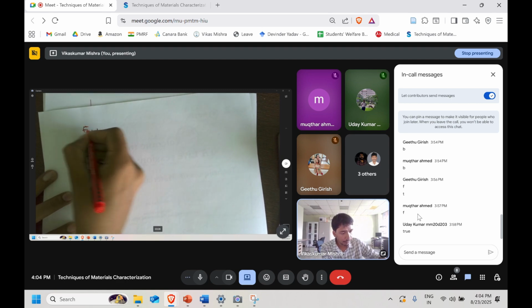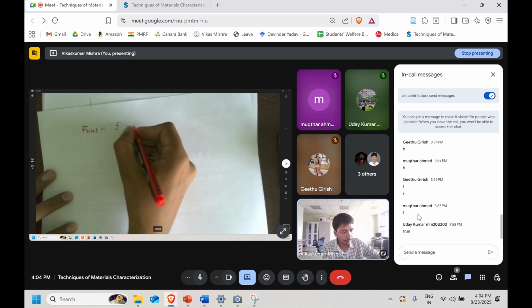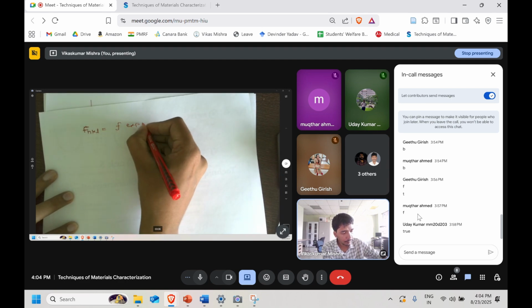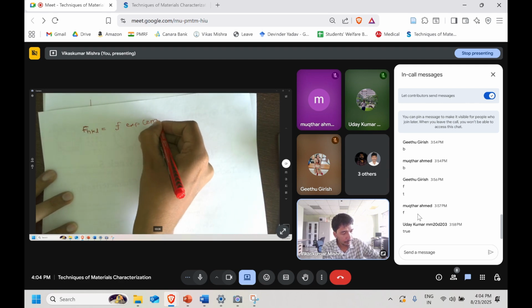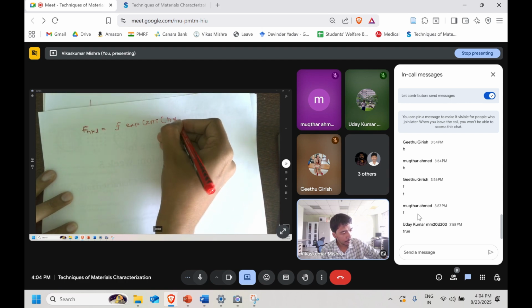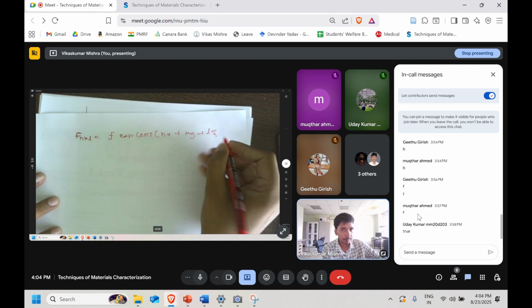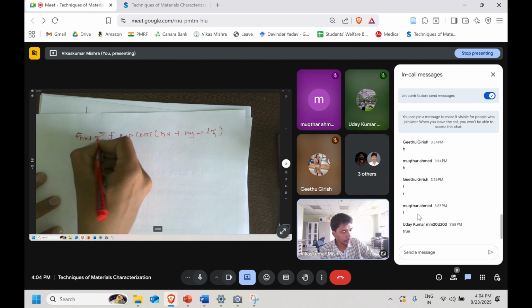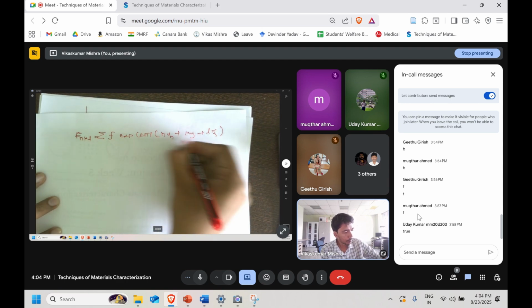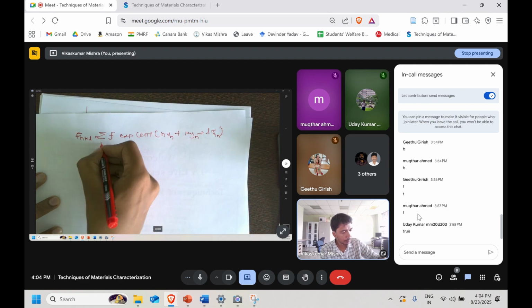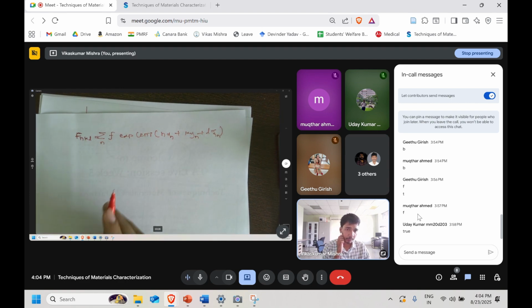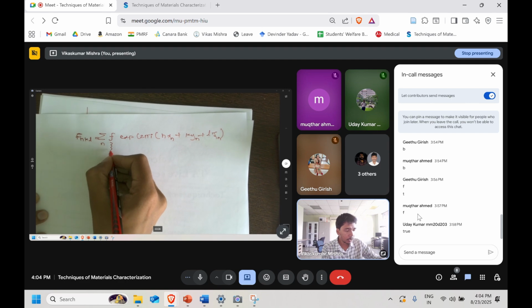It's a capital F. This is the structure factor, where small f is the atomic scattering factor.